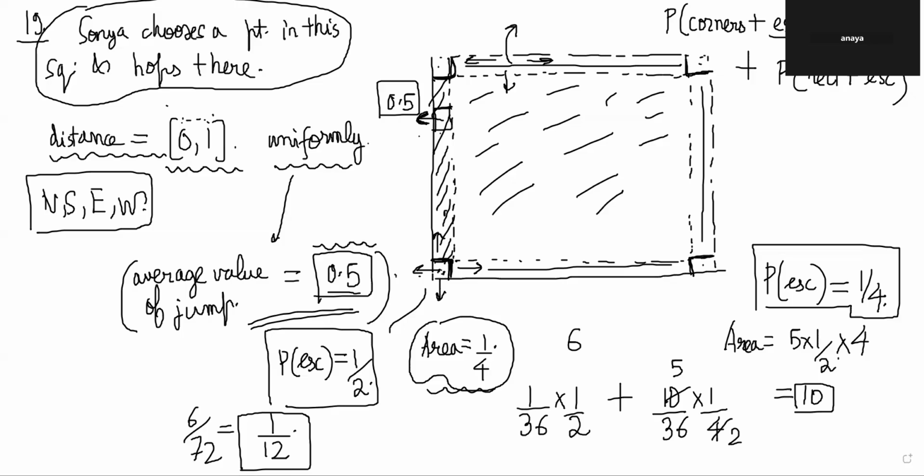Okay. Right now, the figure itself is not very clear for me. I don't know what he has drawn here. So this question is a little difficult because it is unclear what he has drawn.